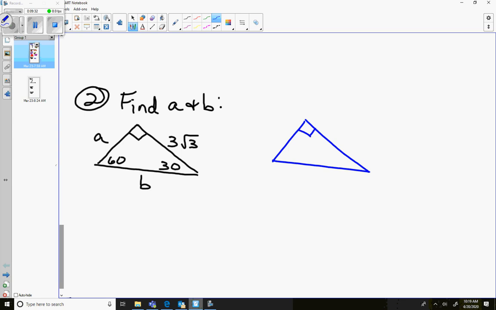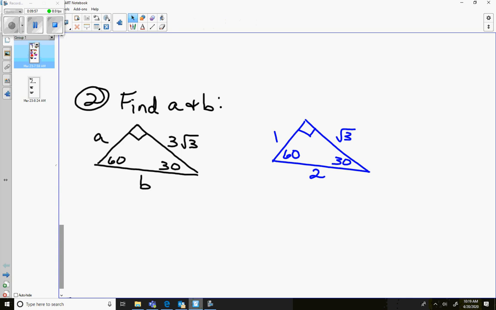So now my right angle is at the top, 60 degrees is at the bottom left, 30 degrees is at the bottom right. But you still go opposite the 30-degree angle is the 1. Opposite the 60-degree angle, square root of 3. Opposite the 90-degree angle is 2. 30, 60, 90, it's always going to be 1, square root of 3, 2.